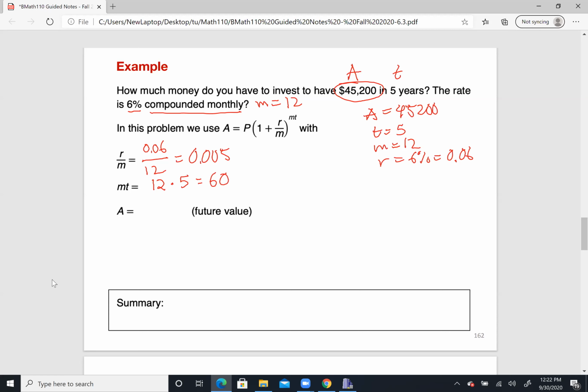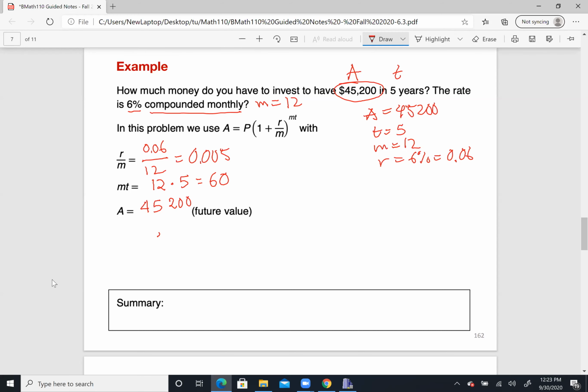This one is an easy one. A here, as we know, is 45,200. So apply it into the formula.